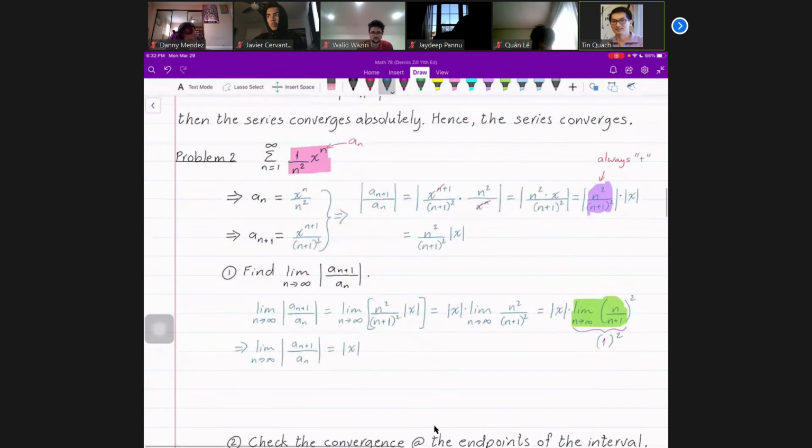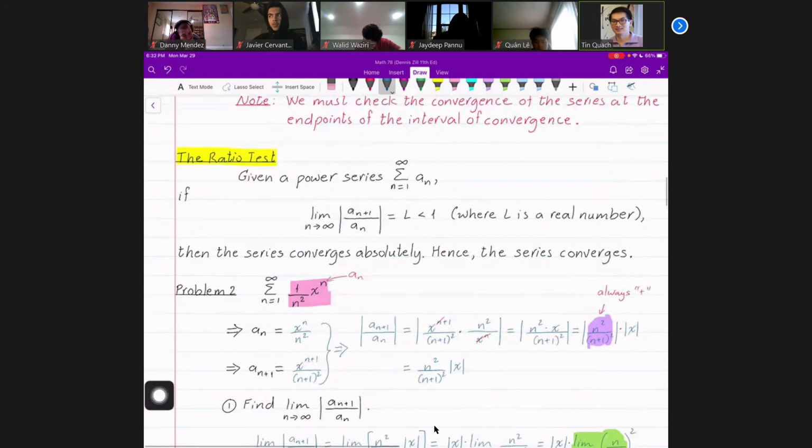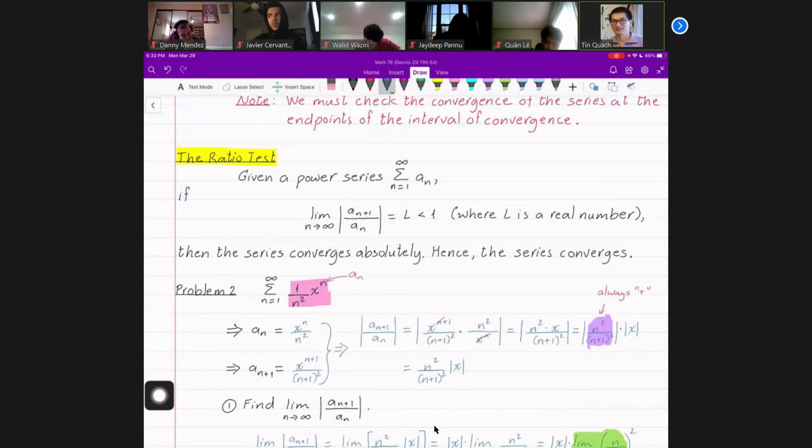So if you want this series to converge, then you want this limit to be what? In order for the series to converge, this limit has to be what?